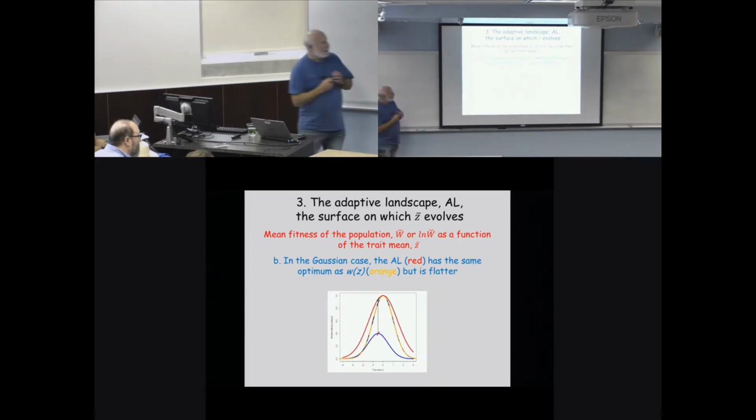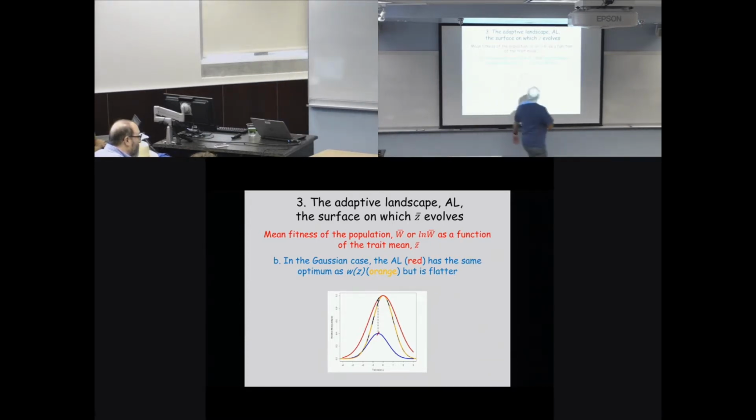All right, where are we here now? Okay, so let's think about the red point here. In the Gaussian case, the adaptive landscape has the same optimum as the individual selection function, which is Gaussian here in orange, but it's flatter.